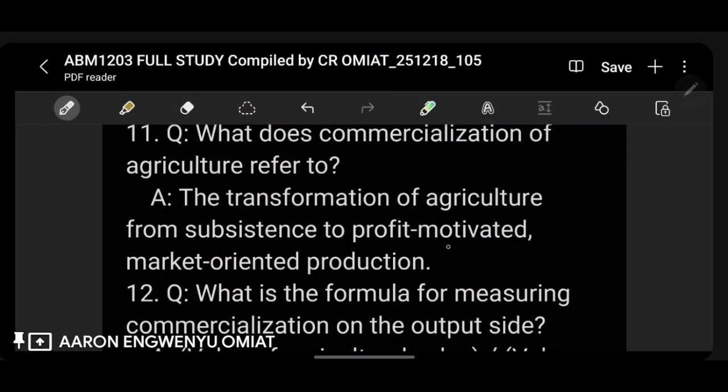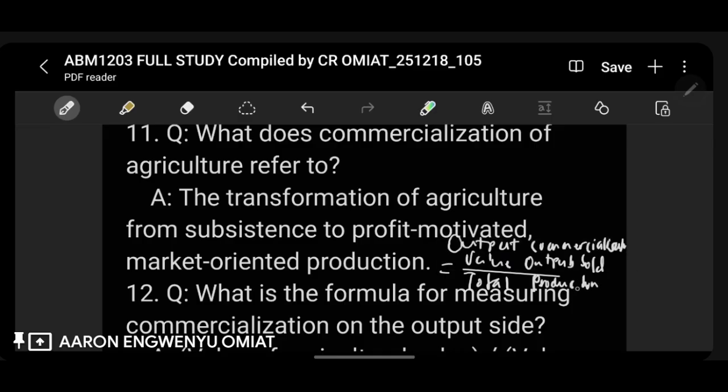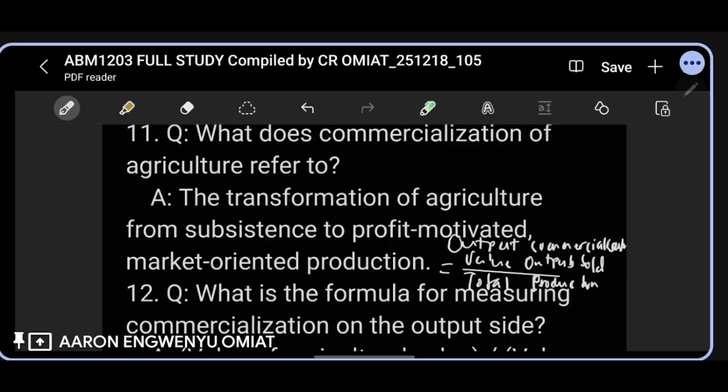I would say output commercialization index will be equal to value of output sold over the total value of produced output times 100%.